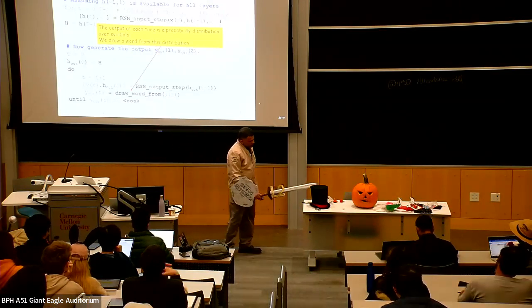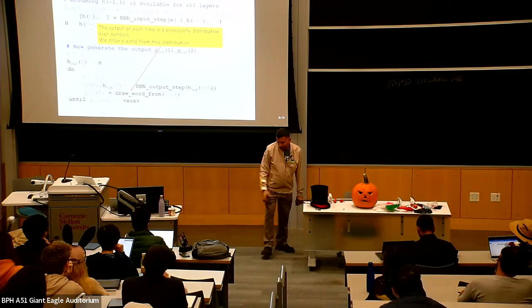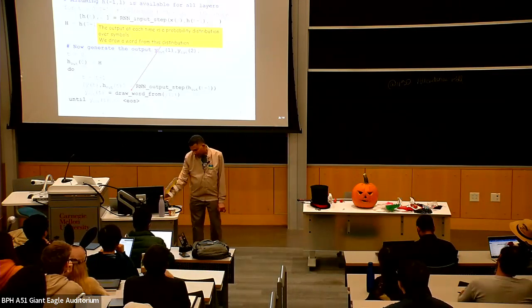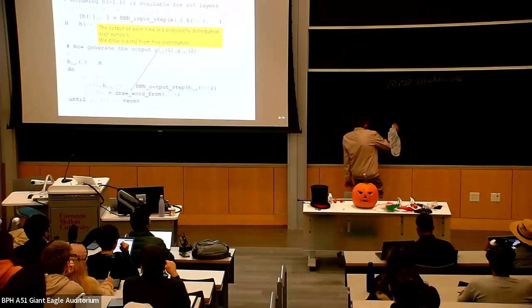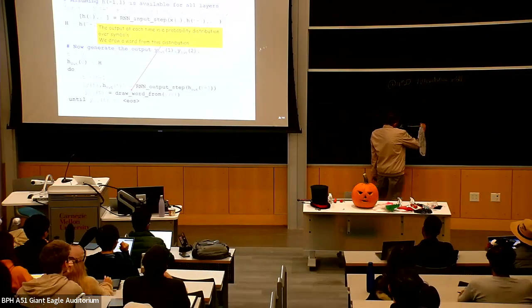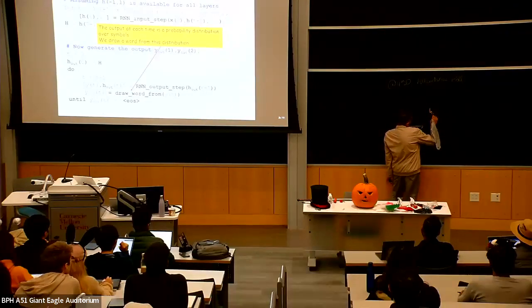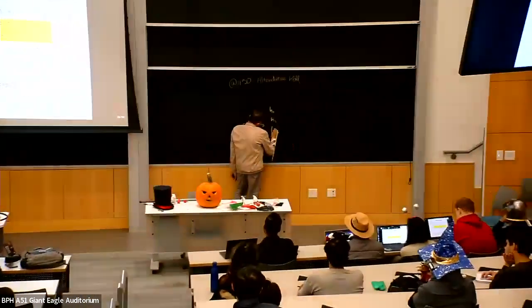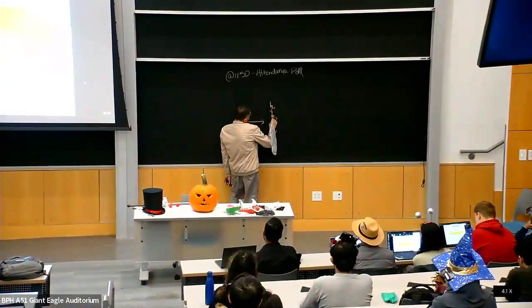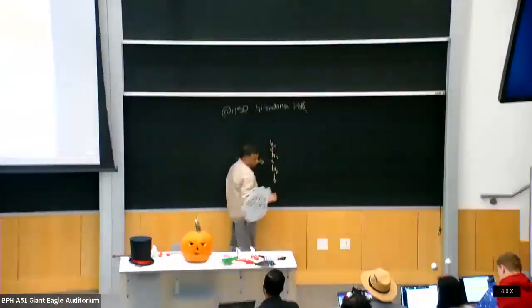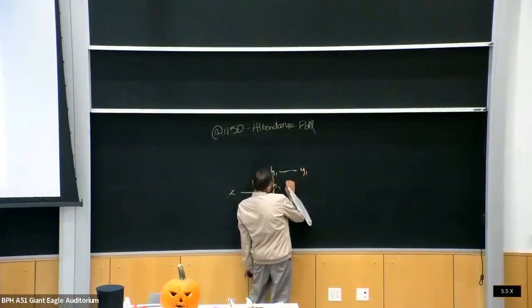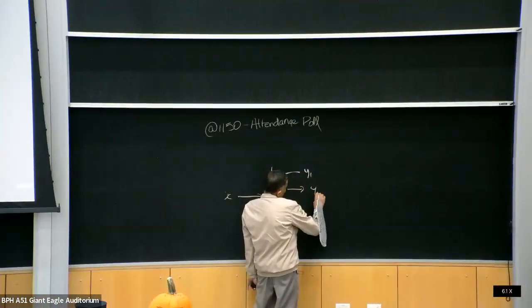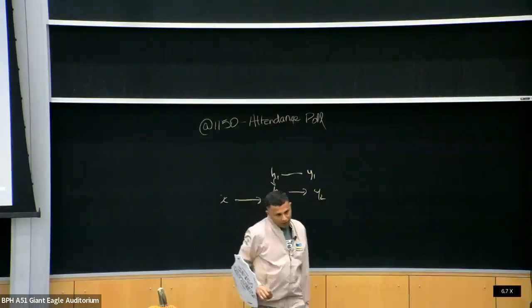Now, the problem with this is that when I generate a sequence of words, I have my X, this is my entire sequence going in. This is my H1, H2, H3, right? So time is going down over here. And then from this, I have my output distributions being computed, Y1, Y2, and so on, right?